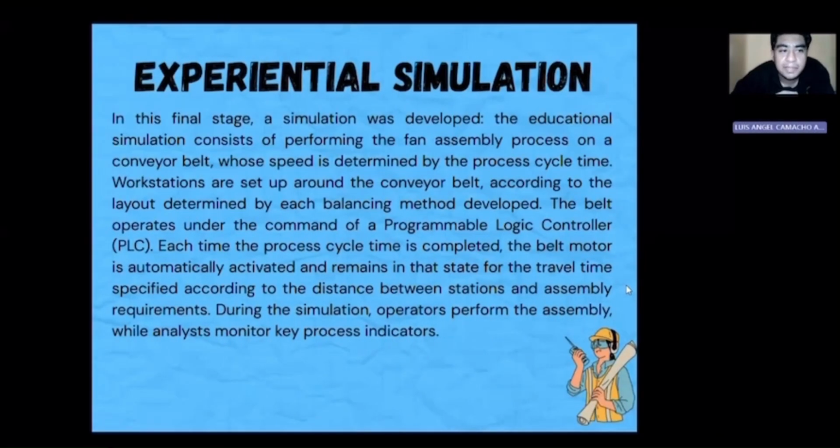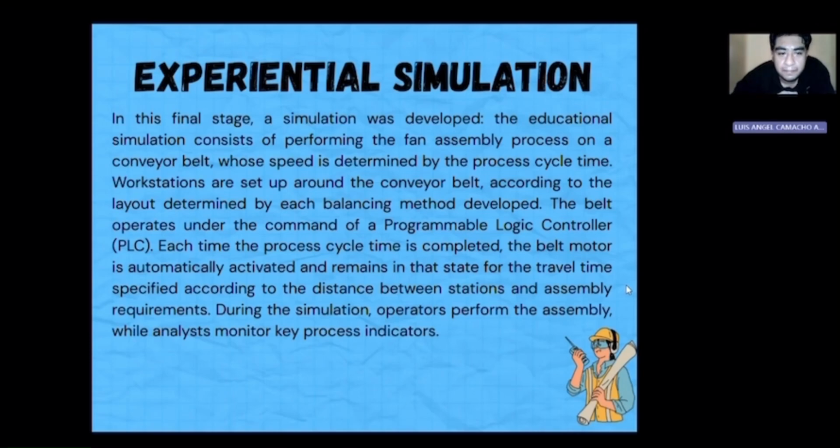Hello, my name is Luis Angel, and I'm going to explain the simulation the article investigated. In this final stage, a simulation was developed. The educational simulation consists of performing the fan assembly process on a conveyor belt, whose speed is determined by the process cycle time. Workstations are set up around the conveyor belt, according to the layout determined by each balancing method developed.